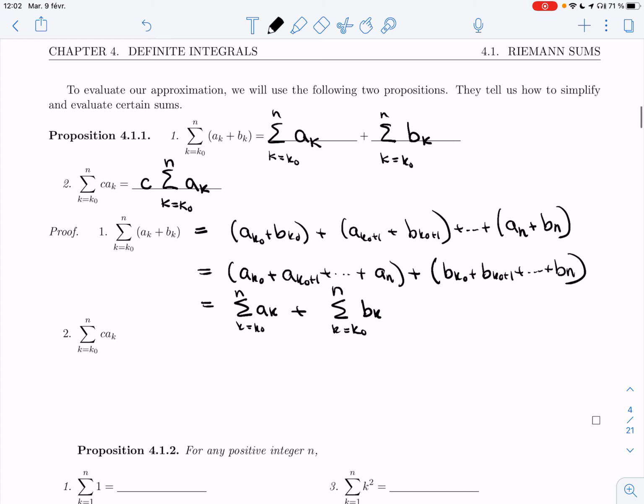That's something we will use a lot. Now, if I spell this one out, I will get C times A_k0 plus C times A_k0 plus 1 plus up to C times A_n. And now I have C in every single one, so I can factor it out.